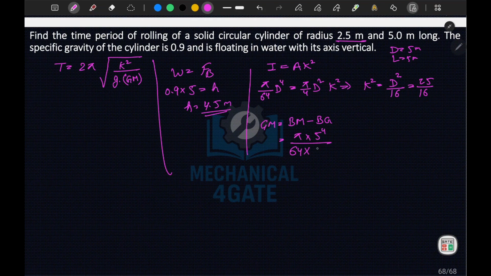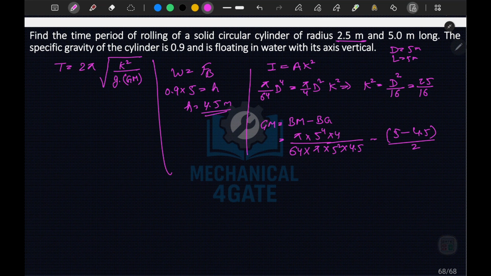So pi by 4 into d square, that is 5 square, into 4.5, minus BG. Now for this, B will be H by 2 and G will be 5 by 2, so 2.5 minus, or I can write, 5 minus 4.5 divided by 2.